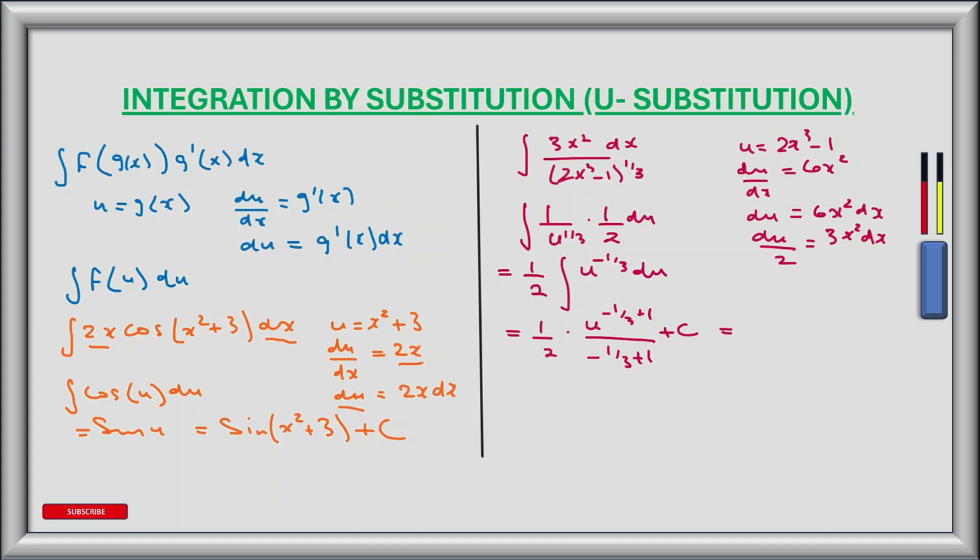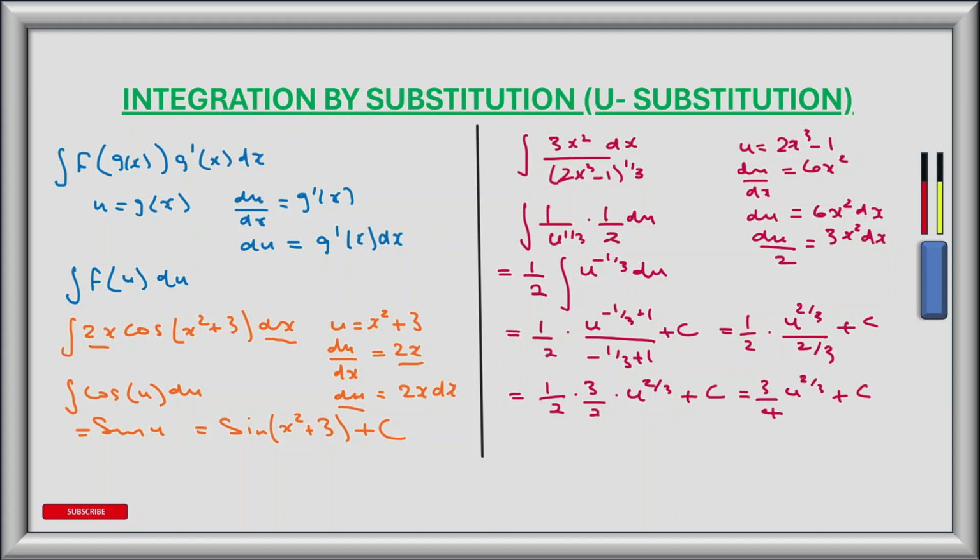This is equal to a half times u to the power of 2/3 divided by, minus a third plus 1 is 2/3, plus constant. So this is a half multiplied by 3 over 2 multiplied by u to the power of 2/3 plus a constant. This is 3/4 u to the power of 2/3 plus a constant.